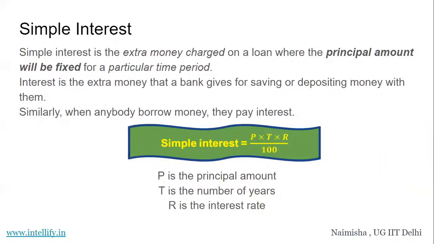Similarly, when anybody borrows money, they pay interest. Simple interest can be calculated by simple interest equals principal amount into time period into rate by 100.